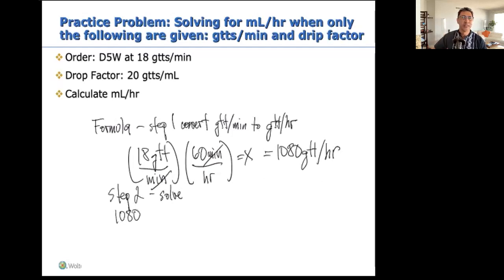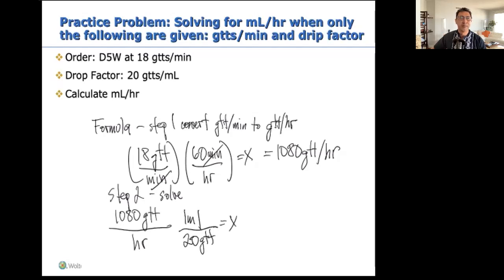Let's solve it. 1080 drips per hour. Multiply this by my drip factor of 1 mL per 20 drips.